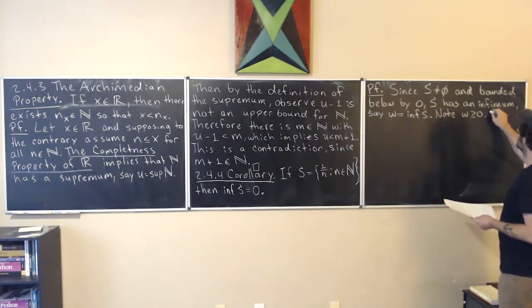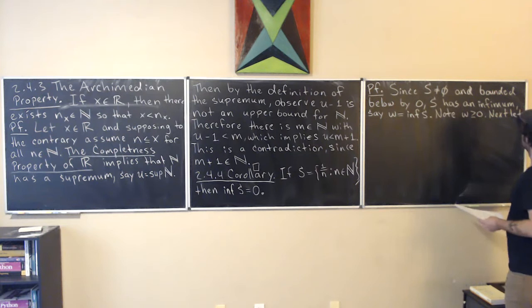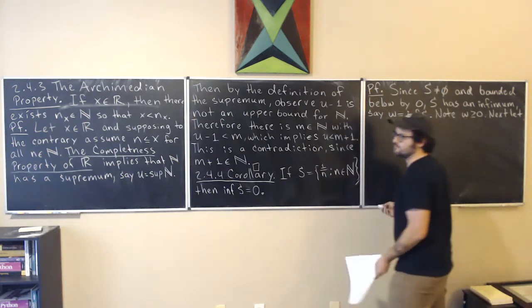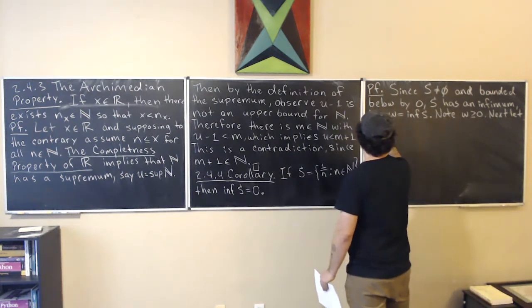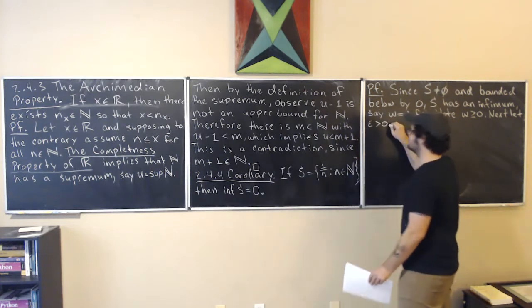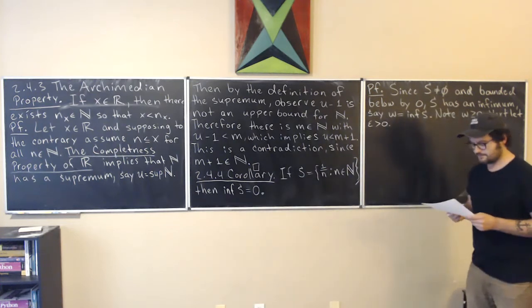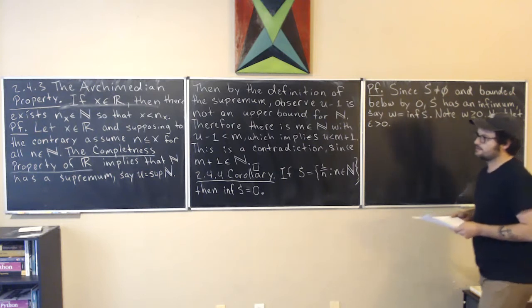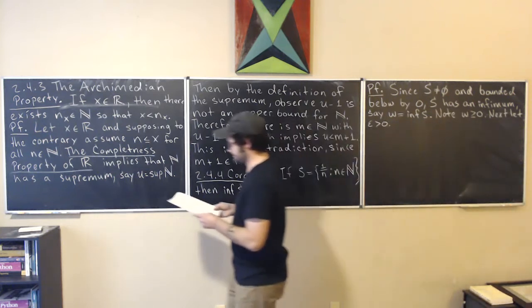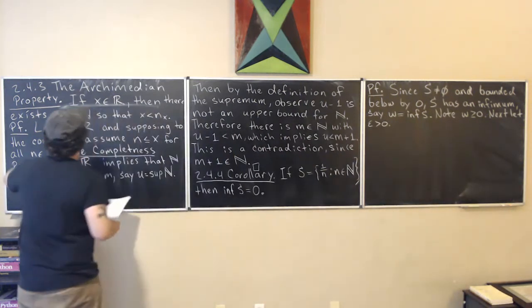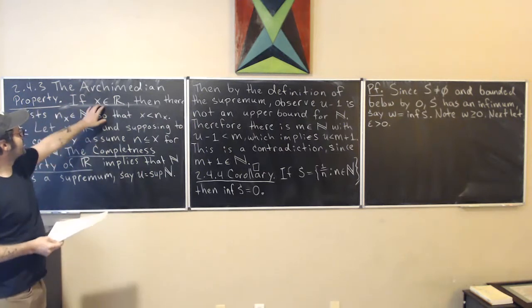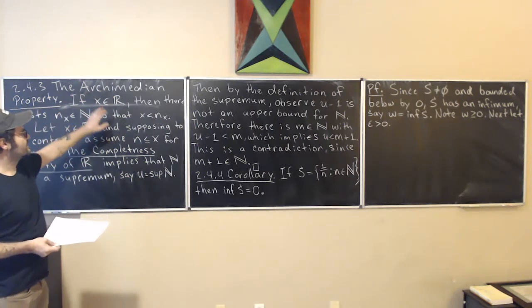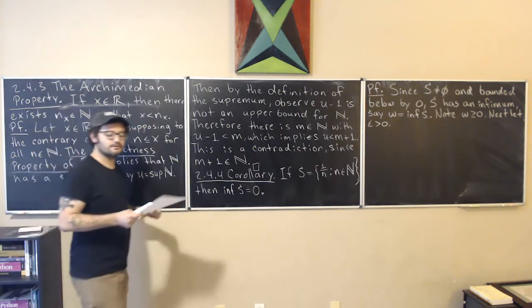Next, let epsilon be some real number greater than 0. And observe that the Archimedean property, 2.4.3, says if we have some real number x, then there is a natural number that's larger than it.